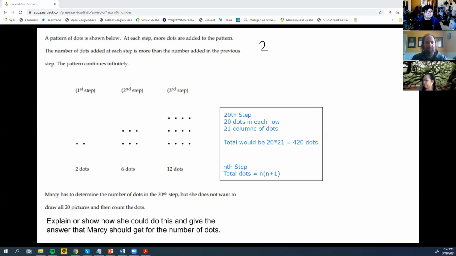I'm going to tell you that you got the textbook answer correct, but if you let n be the step number, like 1, 2, 3, and then these are the dots.